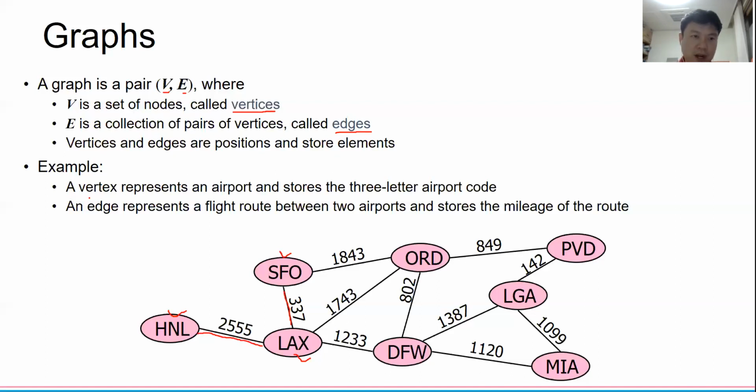In this example, the vertex represents the airport and stores a three-letter airport code, and the edge represents a flight route between two airports and stores the mileage of the route. In this case, the mileage is 2555, which means 2,555 miles from Honolulu to Los Angeles.